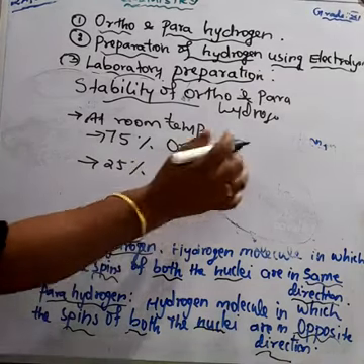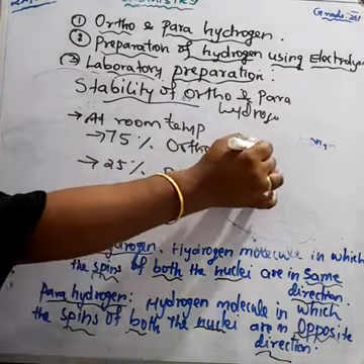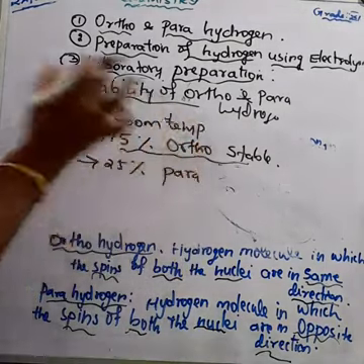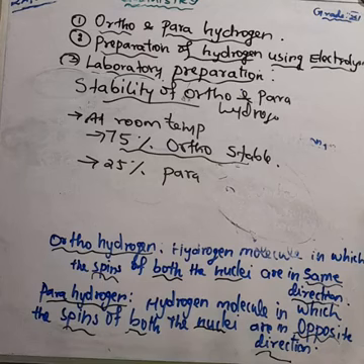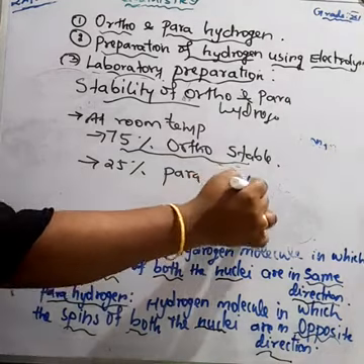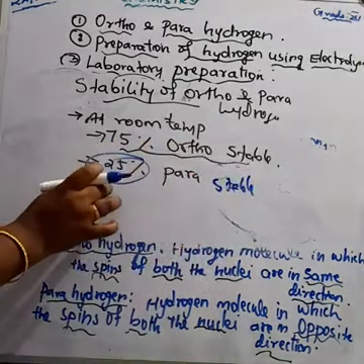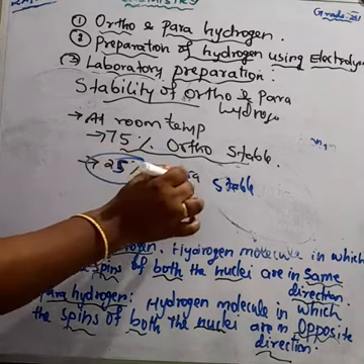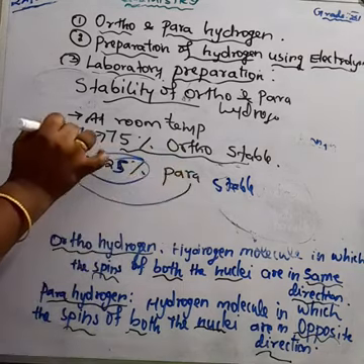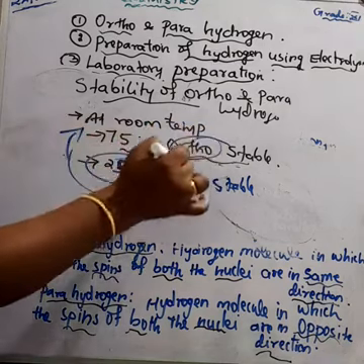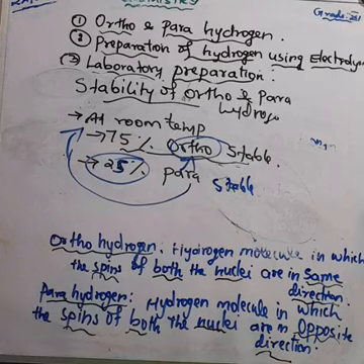Among 100%, 75% is the ortho form, which is stable at room temperature. Only 25% parahydrogen is stable. But when the temperature varies, the parahydrogen tries to get the stable form, that is the ortho form.